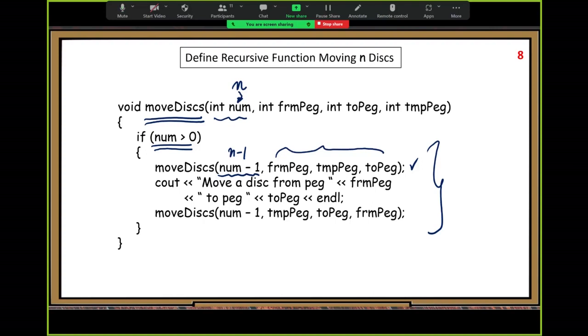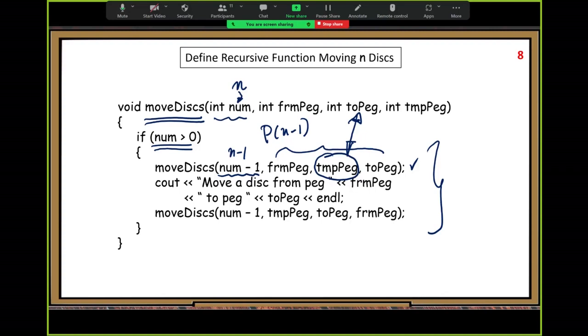Because when we apply the solution of P of n-1, we want to treat this temp peg as the destination peg. So we pass the temp peg variable as the third parameter.